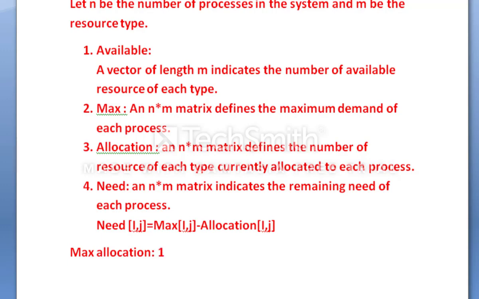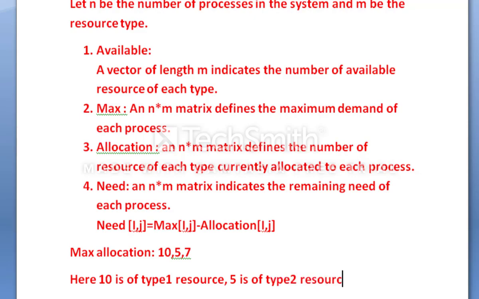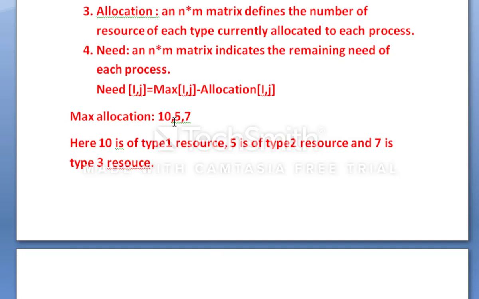Take maximum as 10 5 7, right? Here 10 is of type 1 resource, 5 is of type 2 resource, and 7 is of type 3 resource.